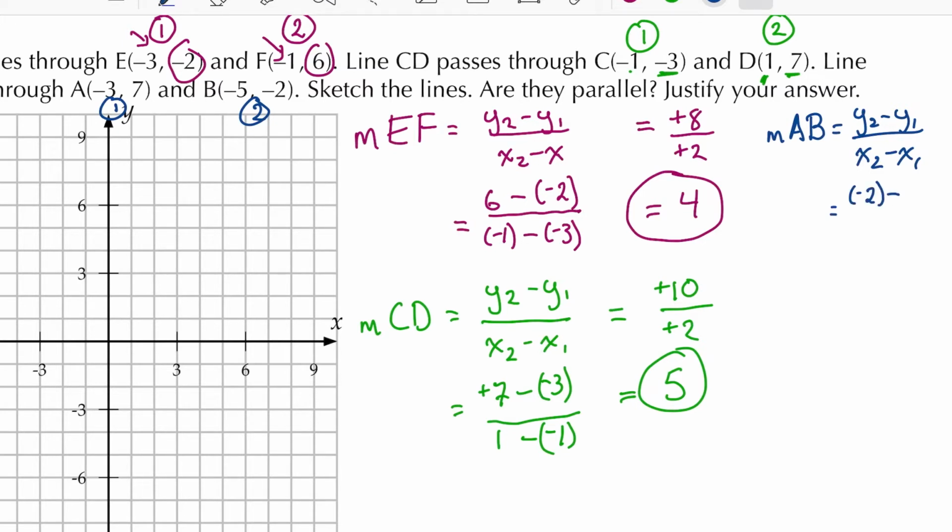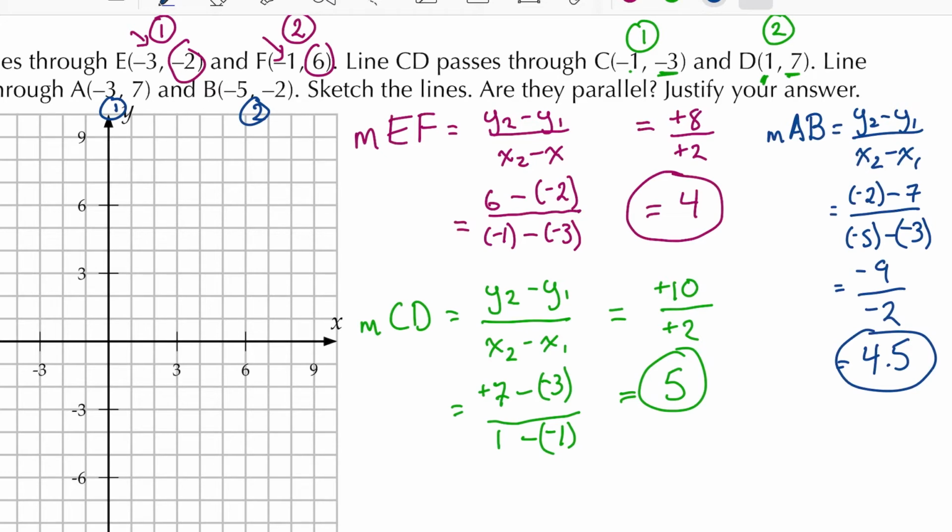So minus 2 subtract 7, all over minus 5 subtract minus 3. Now minus 2 subtract 7 is going to be minus 9, all over minus 5 subtract minus 3, which is going to be minus 2. So this is going to equal 4.5.